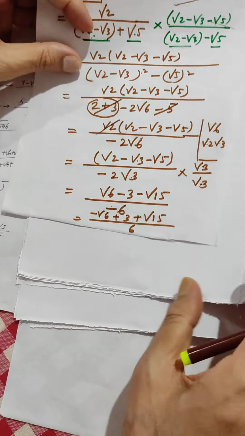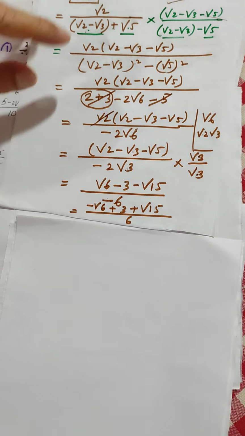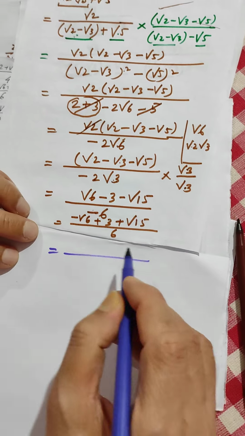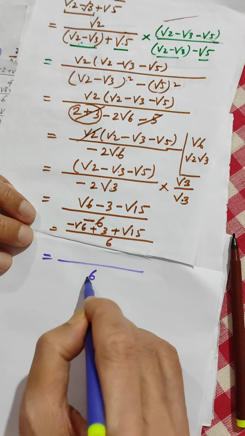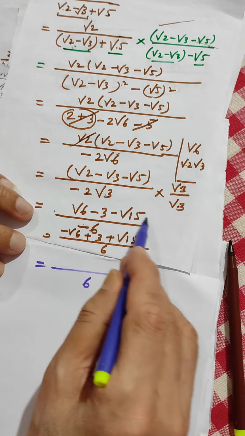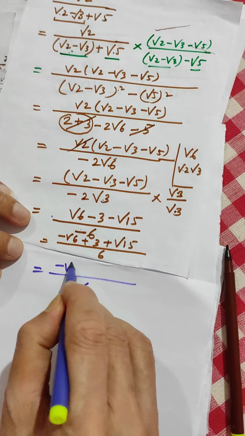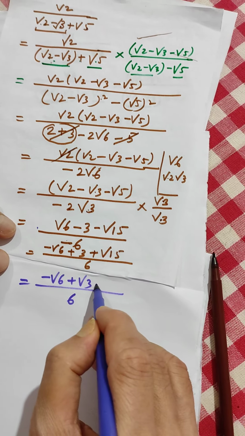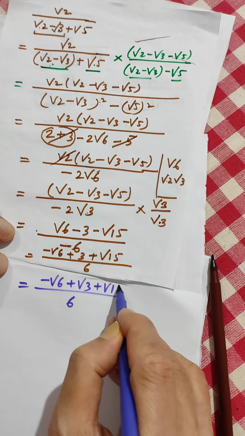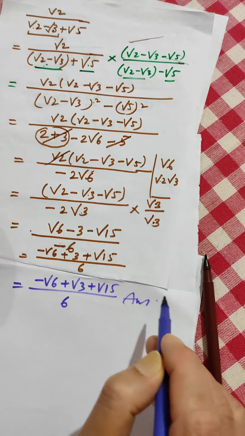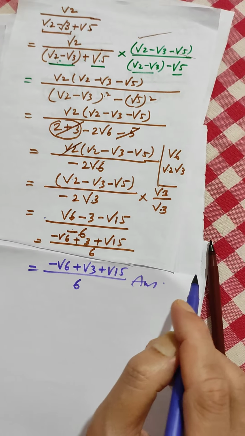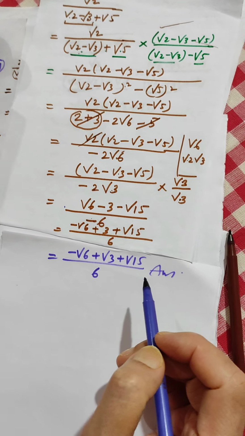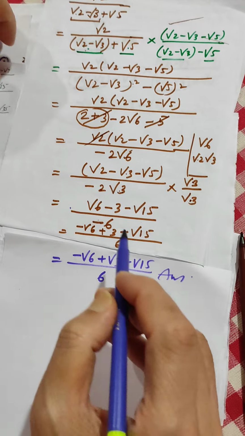So that is the answer. So let me write properly. So this is the answer. So 6 here, and this minus comes here, therefore it will be multiplied: minus root 6, then minus minus plus root 3, then minus minus plus root 15. So this is the answer. Okay. Is it clear?